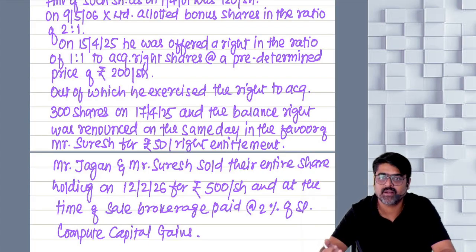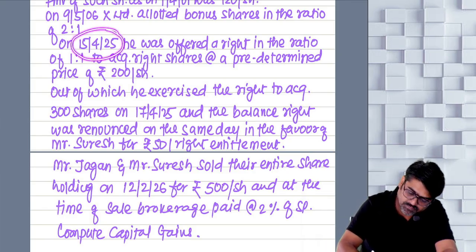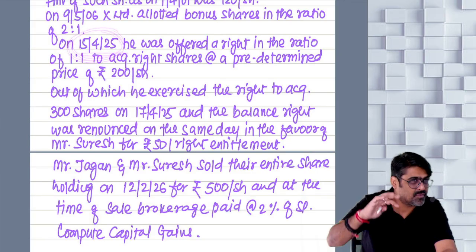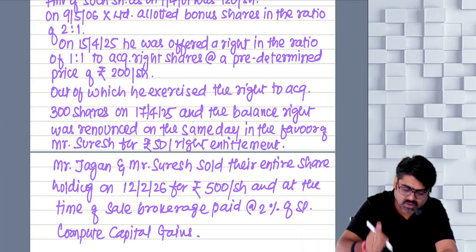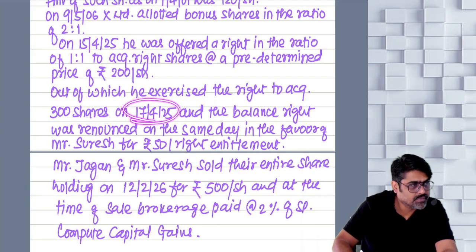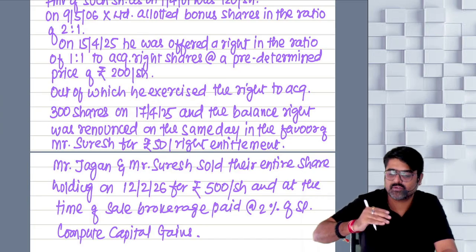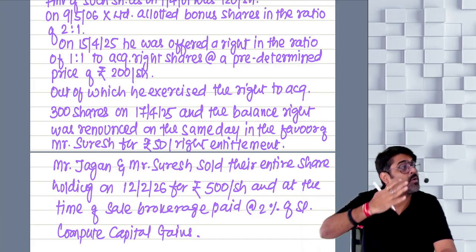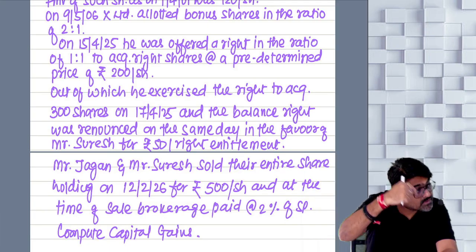So first of all, tell me, when did you get the right? Out of this right of 750 shares, you got it on 15th of April. Out of this, you exercised the right of how many shares, and on what date? 750 rights, 300 rights will be converted into right shares. What about the right of 450 shares? Same date.